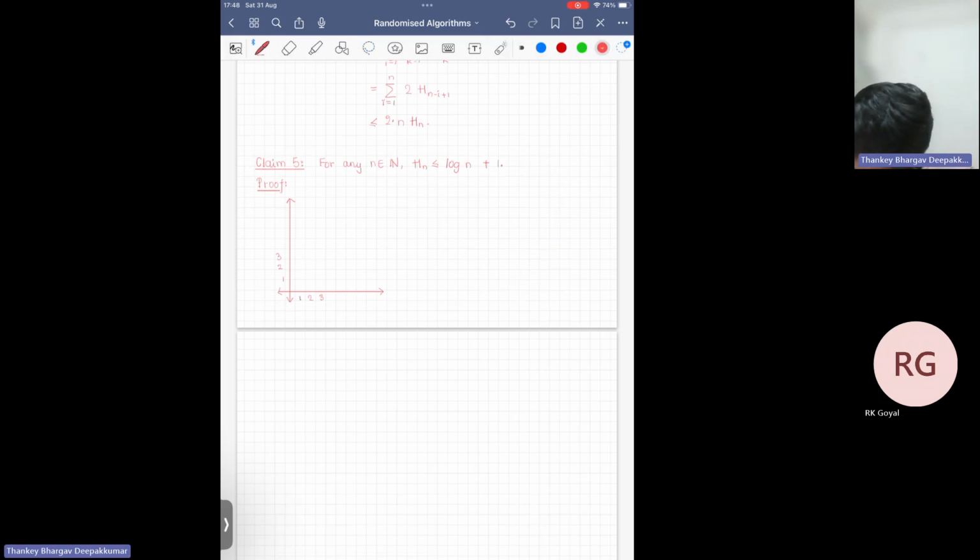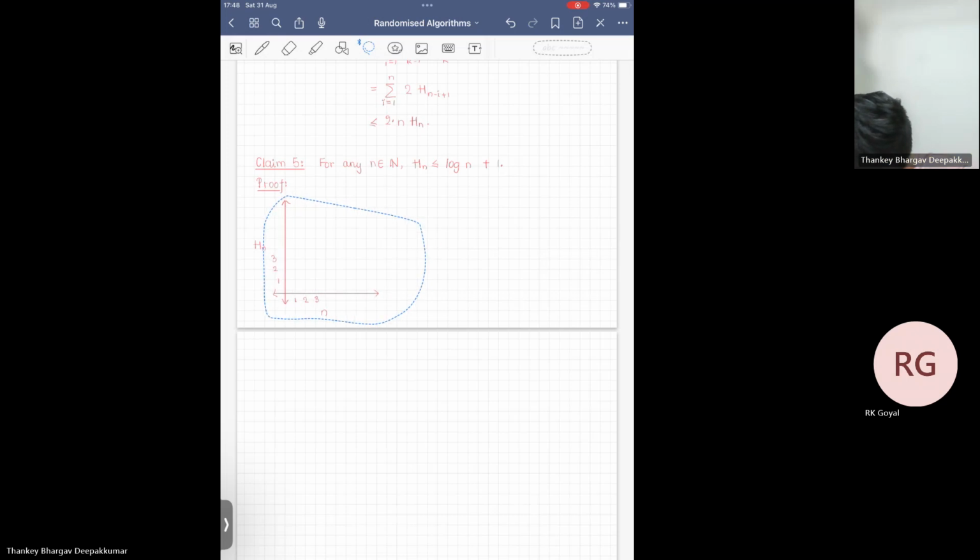Over here I'll have n. Over here I'll have Hn. I want the axis to align with the grid points. Yeah, now it's fine.